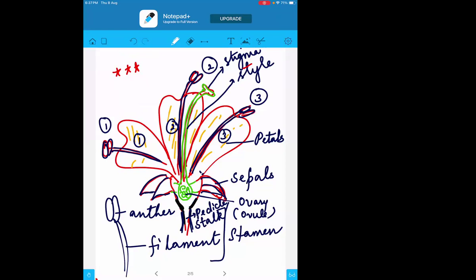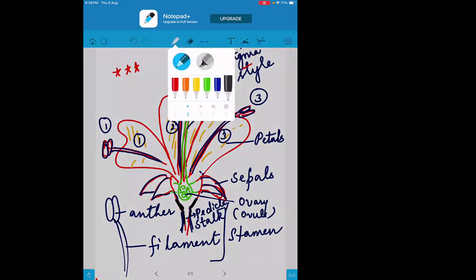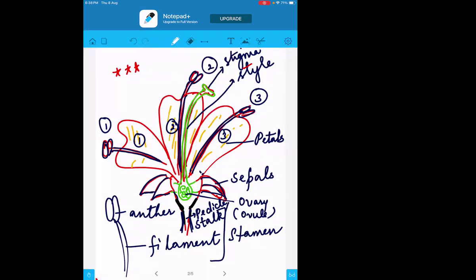At the top of the pedicel, the part which starts is the receptacle. Why is it called the receptacle? Because it holds all the other parts of the flower: be it sepals, petals, ovary, ovule, stigma, style, everything is holding on this receptacle. That is the reason the name receptacle is given to it.